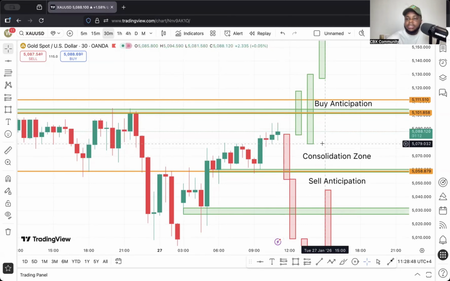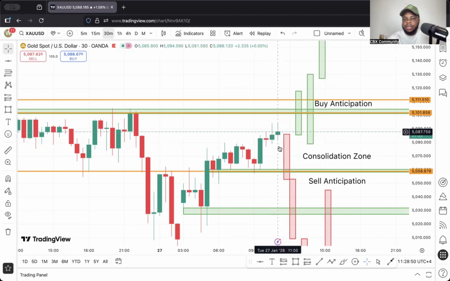So let's see how this candle will close. Let's see.